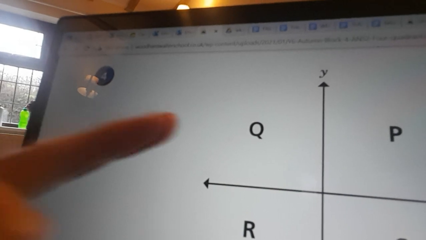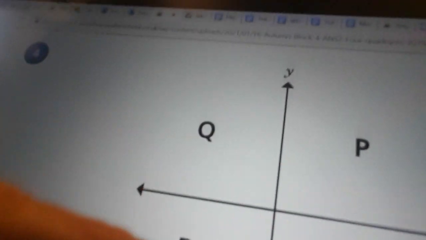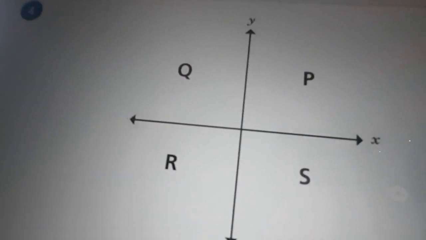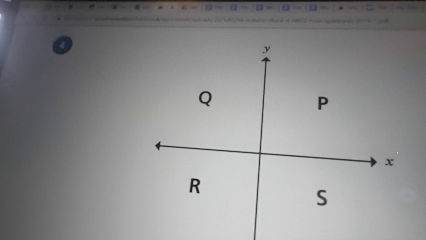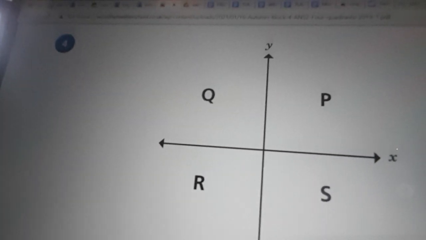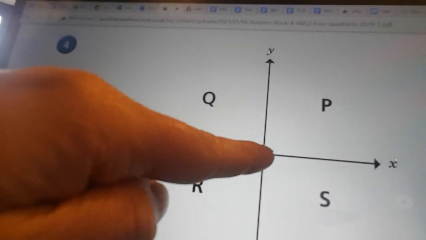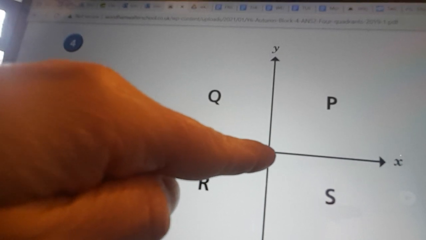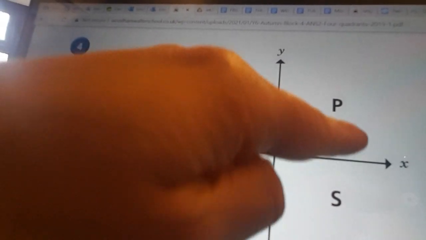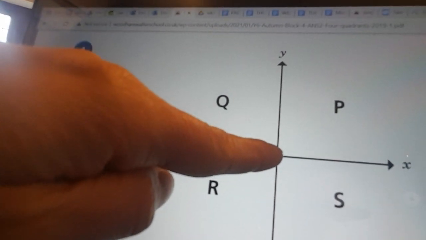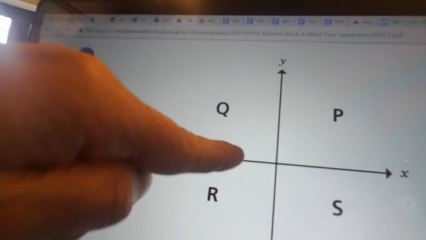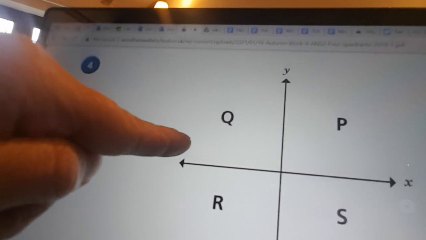So if you were looking at quadrant Q, pretend your 0 is in the middle, your negative numbers are going to be before the 0, aren't they? So you might have 0, and then it might go 1, 2, 3, 4, 5, 6 that way. If you have 0 here, your numbers are going to go -1, -2, -3, -4.